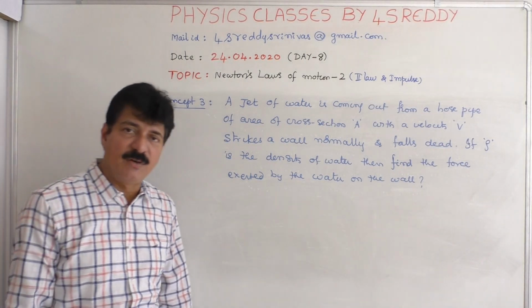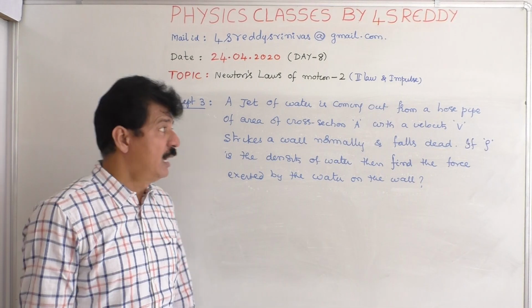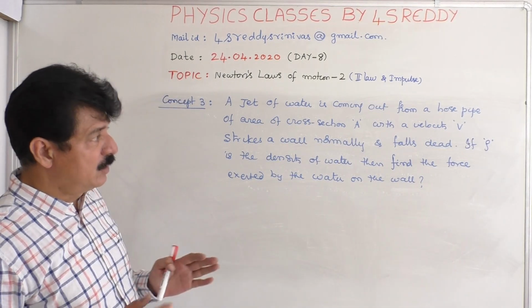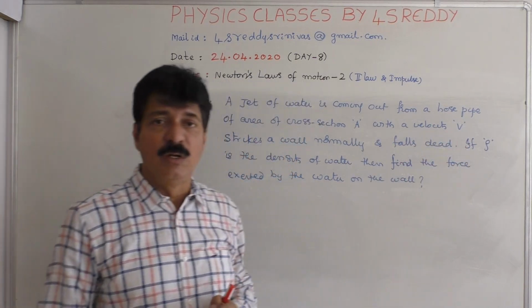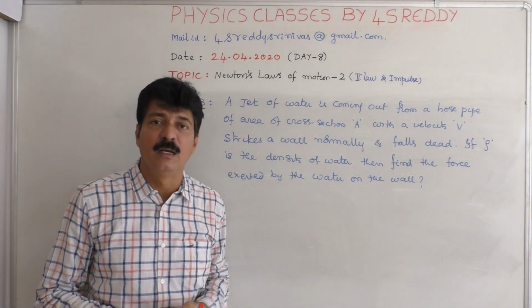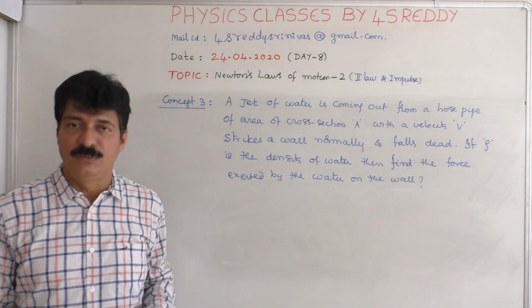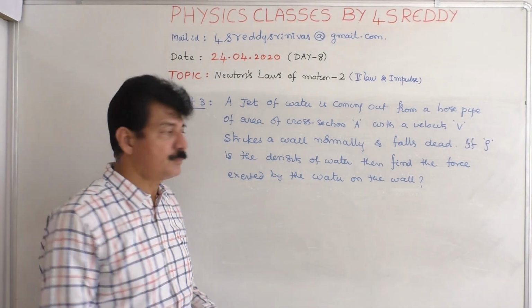We know the basic formula is F is equal to ma. And here you don't have any such term. So here we know density, area of cross section, and velocity. So we have to convert that ma in terms of known quantities. How?